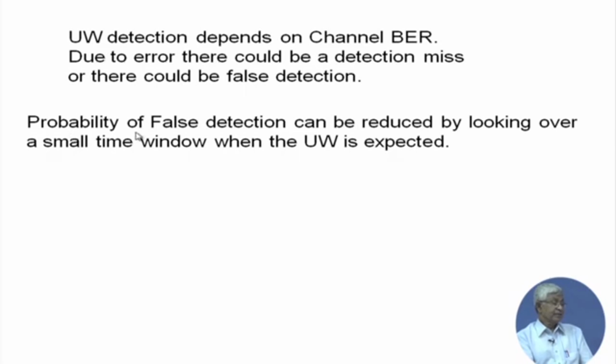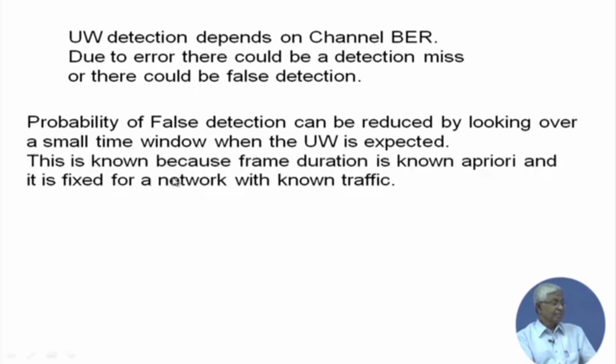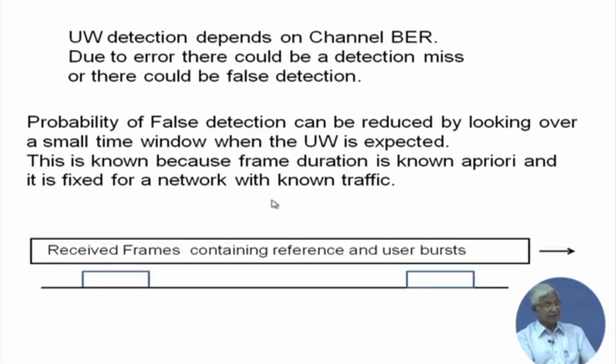Once you detect one unique word, you can generate the next unique word detection time window. So, in the data portion, if there is an error and it creates something like a unique word, you are not looking at it. This unique word time is expected because the frame duration is known a priori and it is fixed for a network with known traffic.